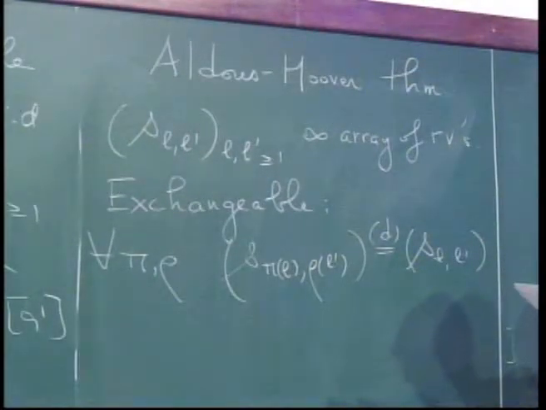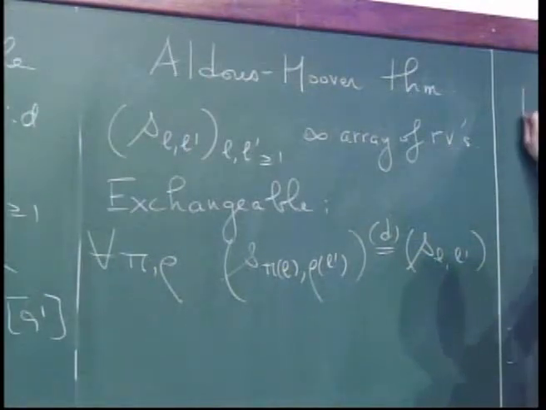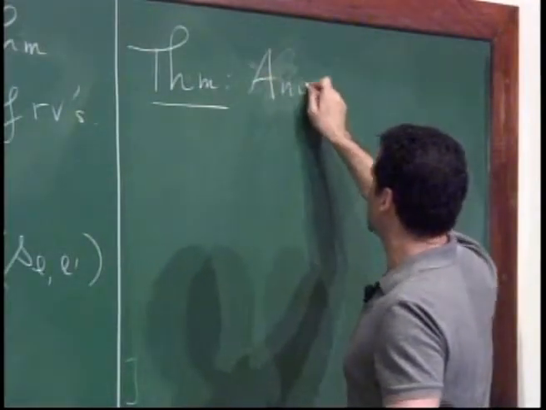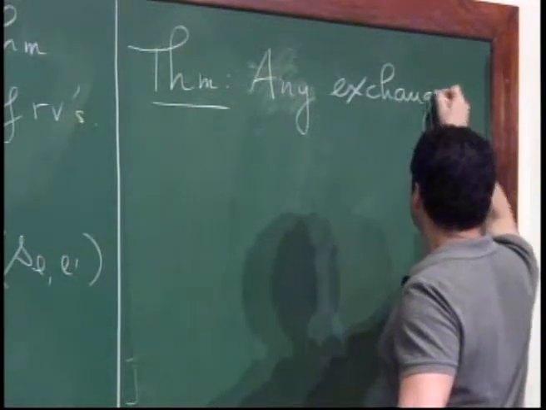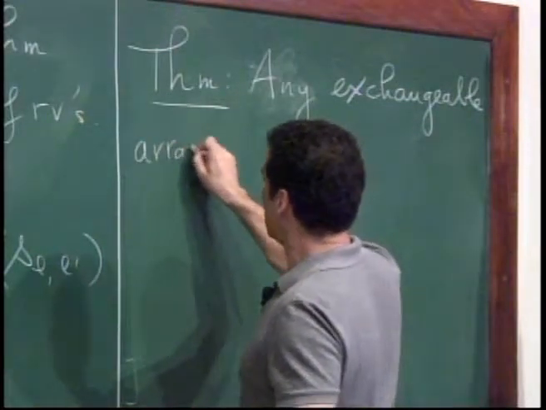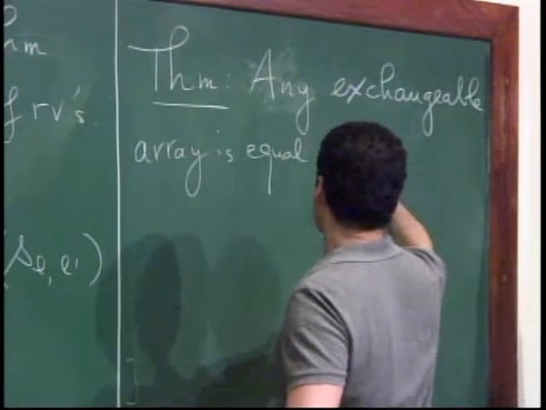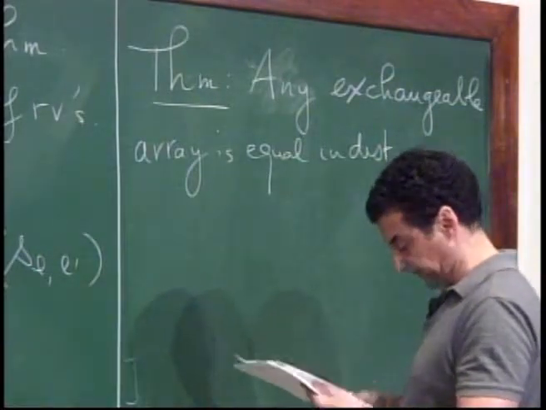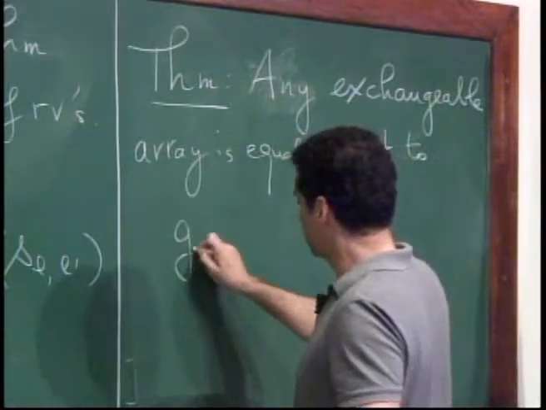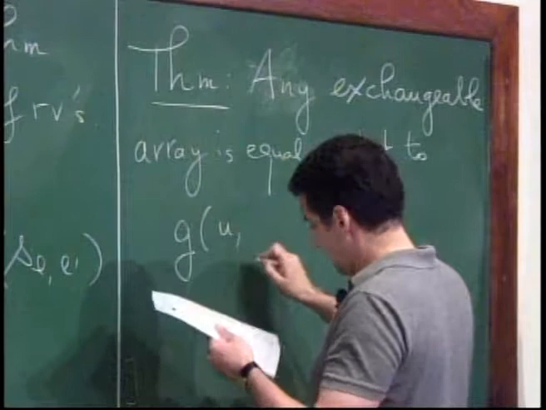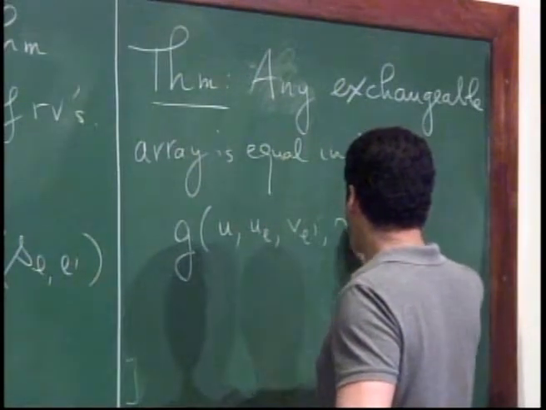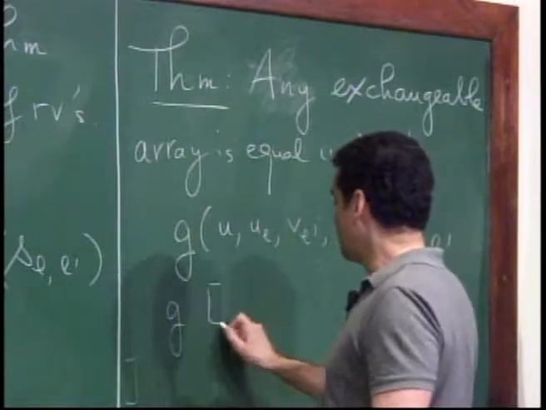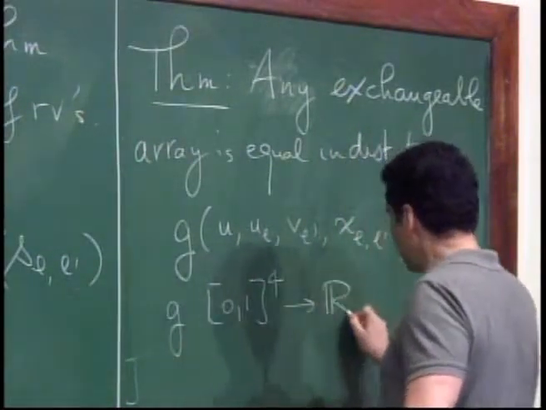It says that any exchangeable array is equal in distribution to the following thing: a function g, I need four variables now, of U, U_ℓ, V_ℓ', X_{ℓℓ'}, where g here is a measurable function from [0,1]^4 to R, because I have four variables.